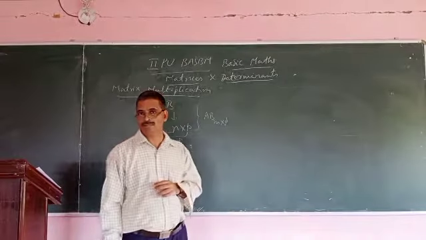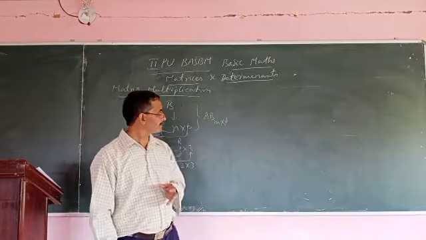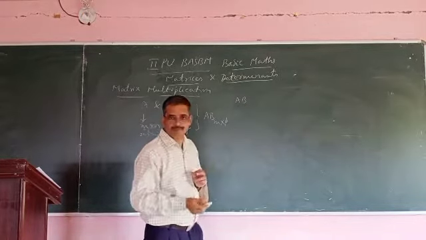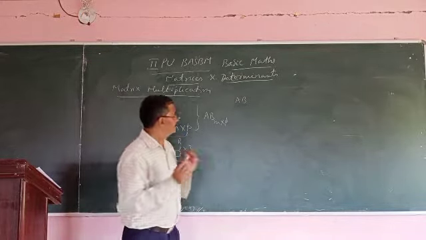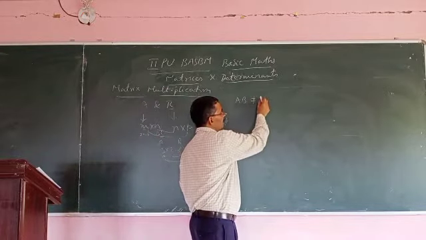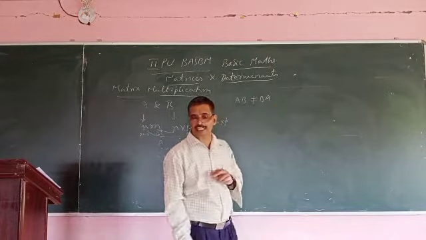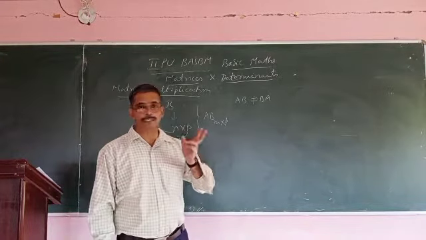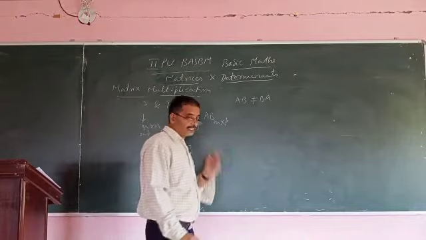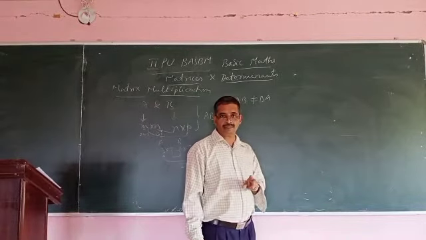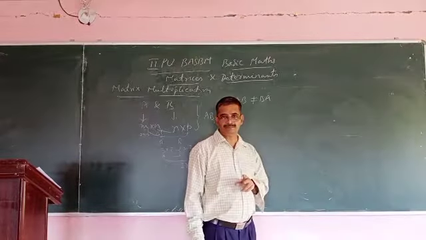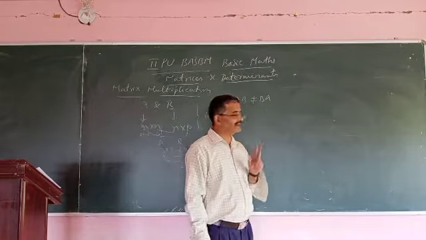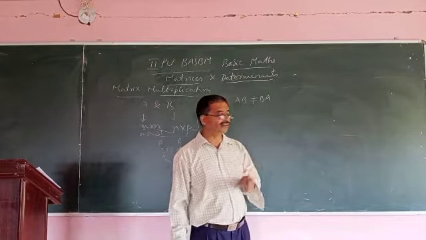Important concept this is. One more point: if the product AB is there, A into B, then AB need not be equal to BA. It is not commutative. And further important, if AB is defined, BA need not be defined.